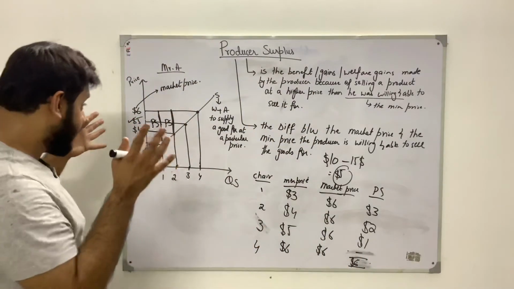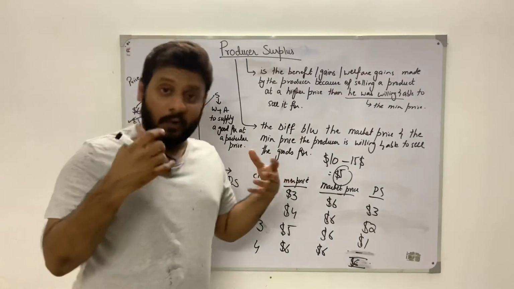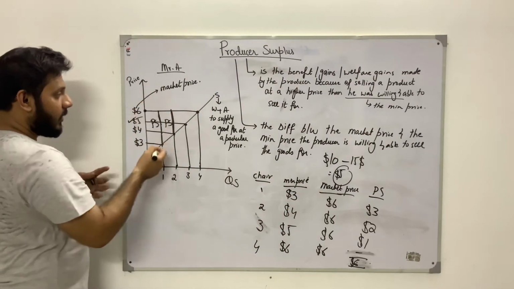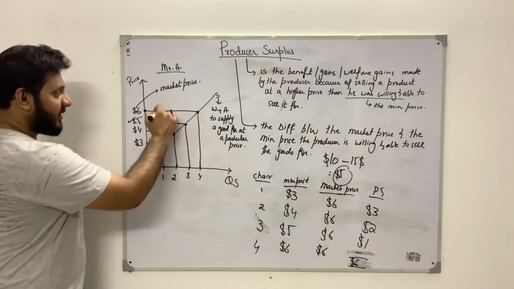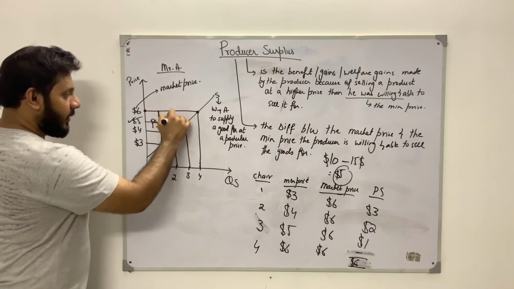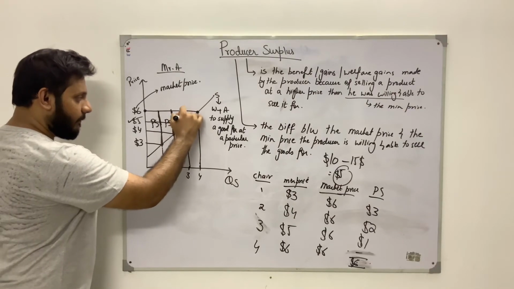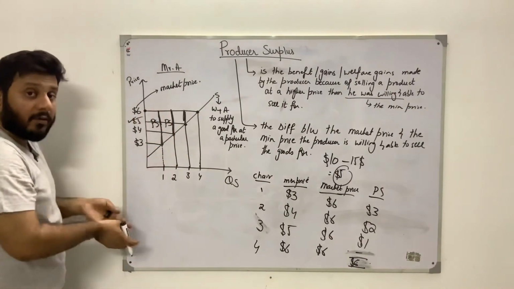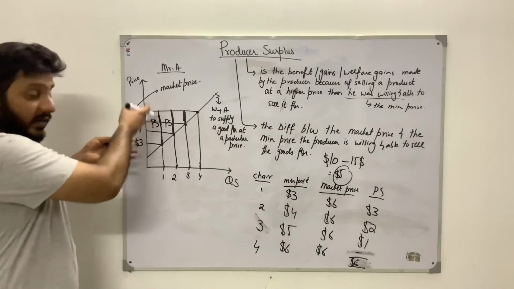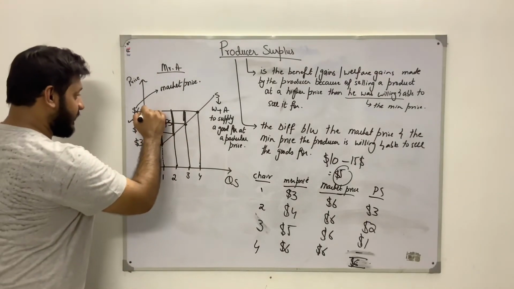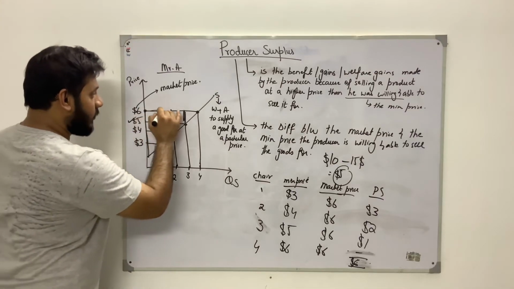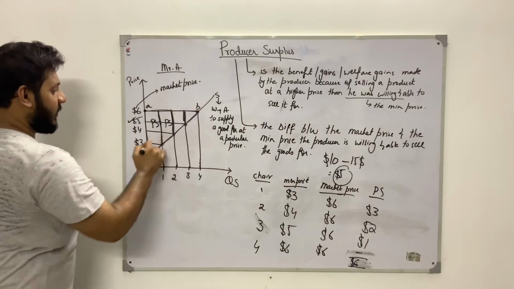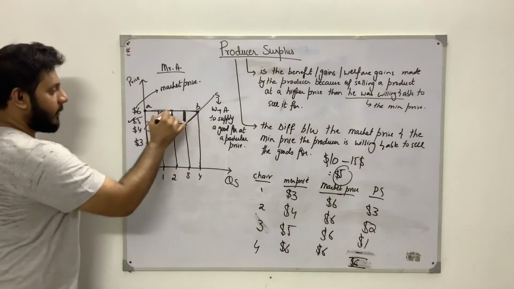So yeah, this is the basic concept of producer surplus. We can see that if we sum up these vertical distances for each additional chair, we get an area that is equivalent to this triangle, triangle ABC, which is actually the producer surplus.